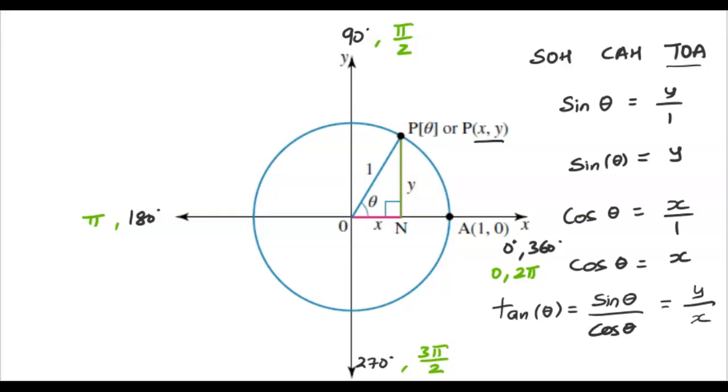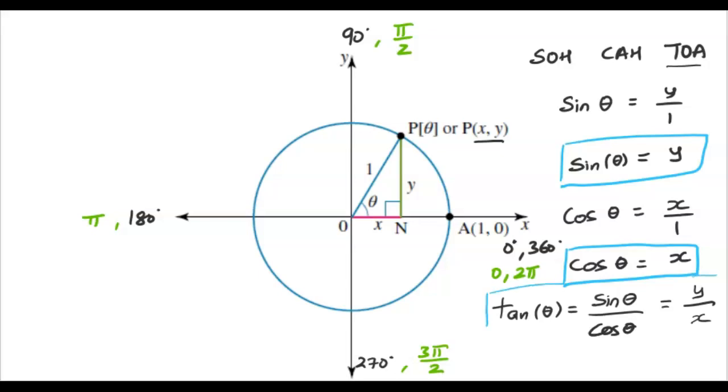Given that we've just understood that sine theta is the y coordinate of the point, cos theta is the x coordinate of the point, and tan theta is y divided by x.